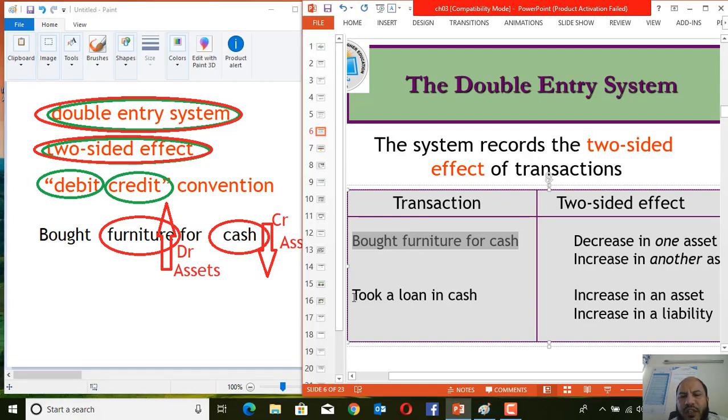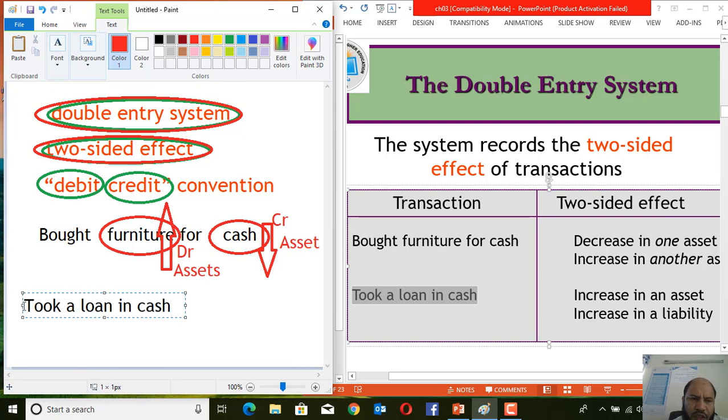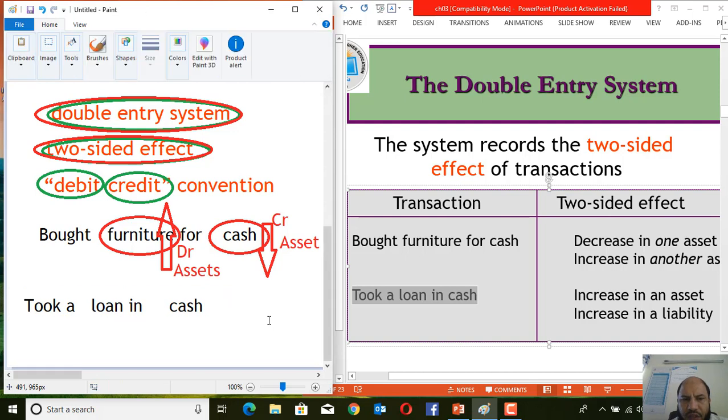Let's take another example. Like for example, the company took a loan in cash. The company has taken a loan, but this loan is received as cash. So see, dear students, there are again two accounts. One account is the loan account that the company has taken, which is called accounts payable, and another account is the cash account.